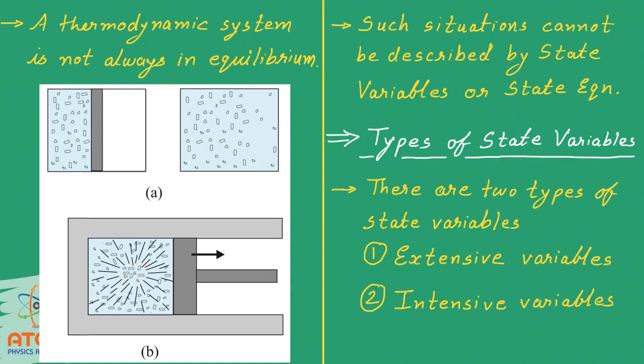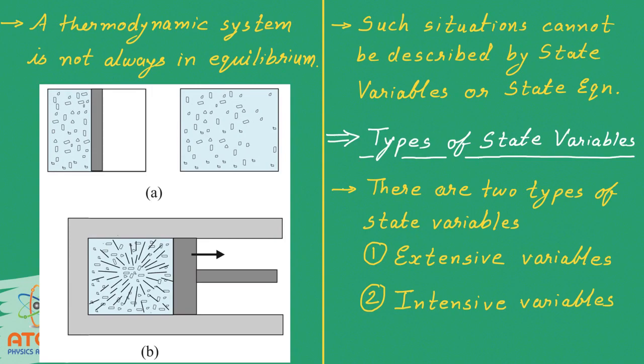The pressure, the temperature, the mole number, everything is changing. Even the piston is also moving due to the pressure, and that's why the volume will also be changing. So obviously this is not at all an equilibrium state, and that's why we cannot apply the state equation, nor can we describe it by the state variables.